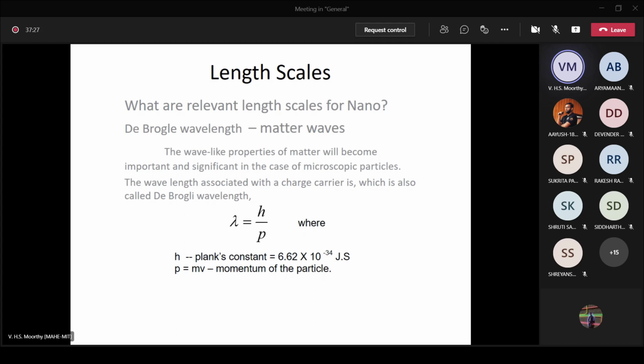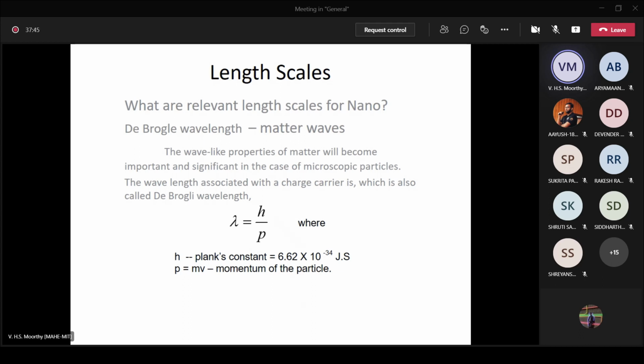It depends on how we look at it, in the sense of what type of experiment we design to understand the properties of the electron. Accordingly, we will see the electron.